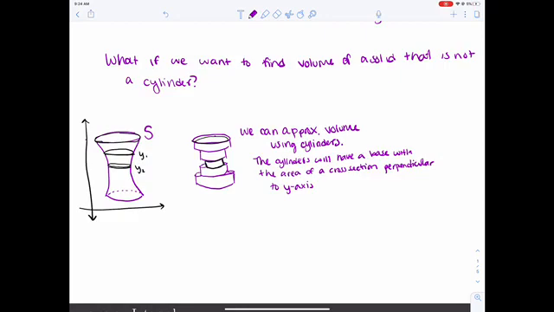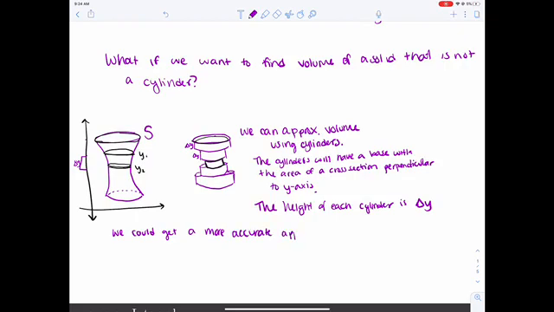So notice that the height of each of these cylinders is like a delta Y. So we could get a more accurate approximation if we use more cylinders that are shorter.